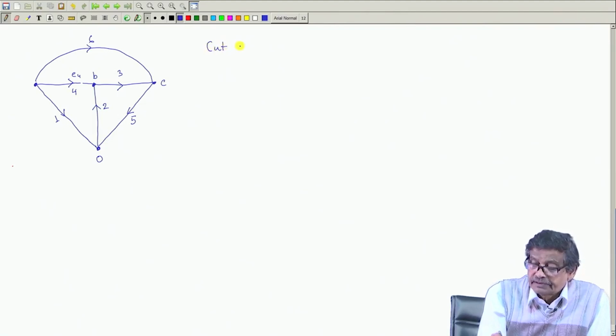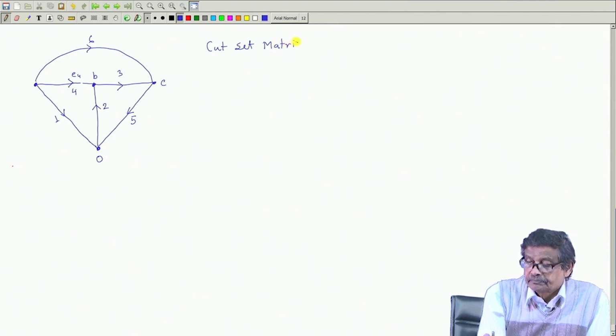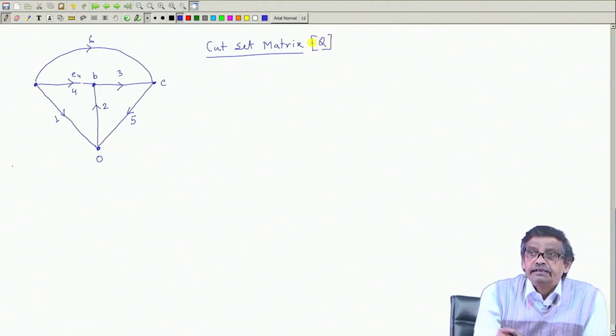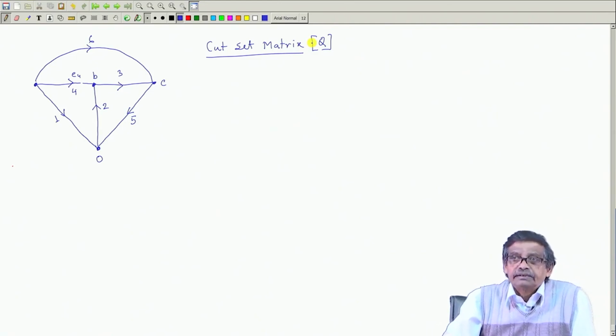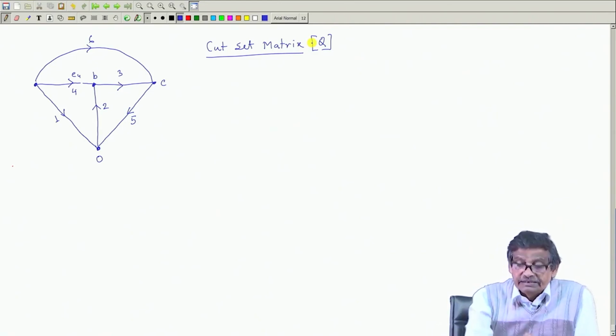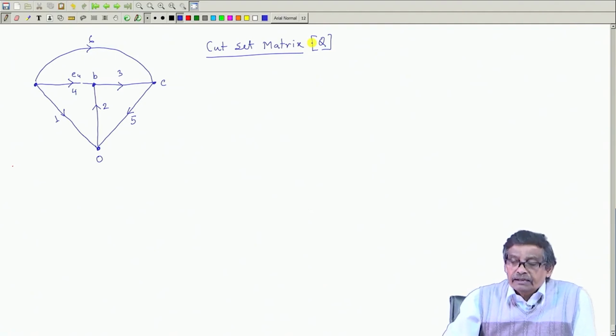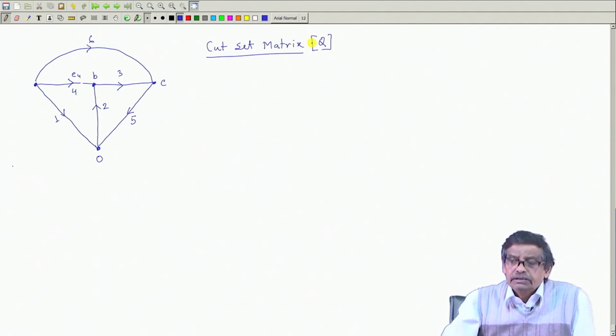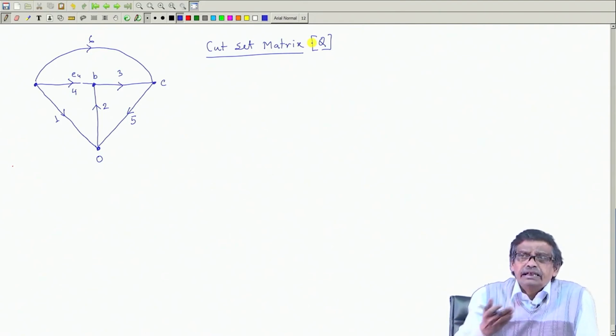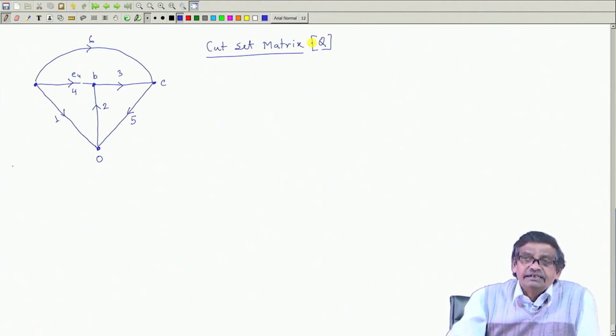Cut set matrix, which will be denoted by Q. We defined A, we defined B. Now, another thing is called cut set matrix Q. Now, these equations perhaps will be totally new to you. In the earlier two things, we only involved the KVL, KCL, etc. Here also similar things I will do, but the idea is slightly different.